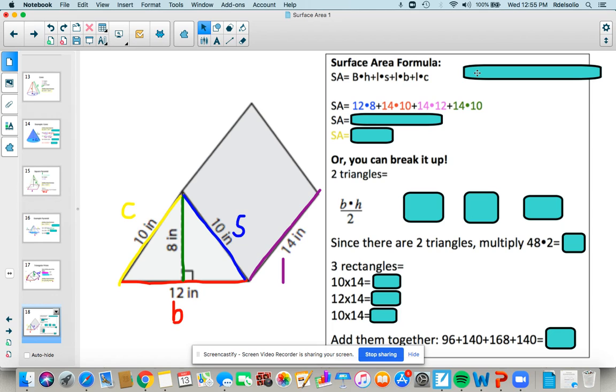Okay. Again, I know that's a lot of numbers to put in, but once you plug them all in, then you can just solve. You could plug this whole thing right into your calculator, but let's break it down.